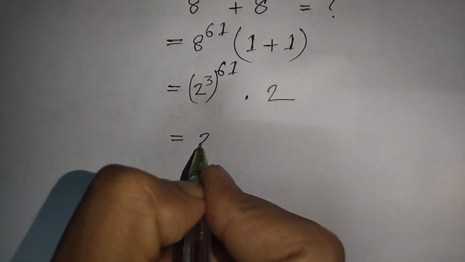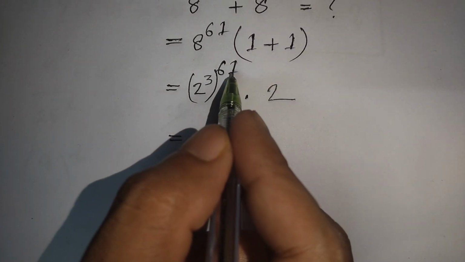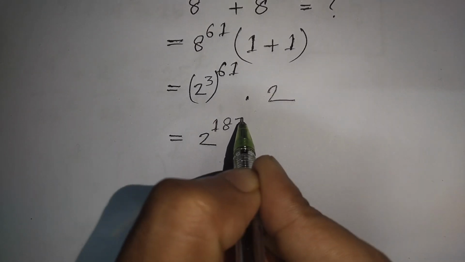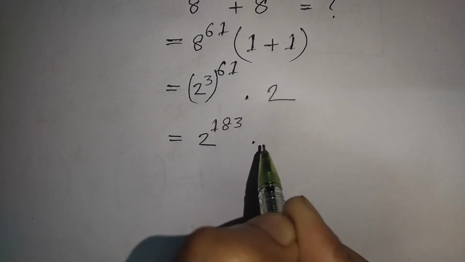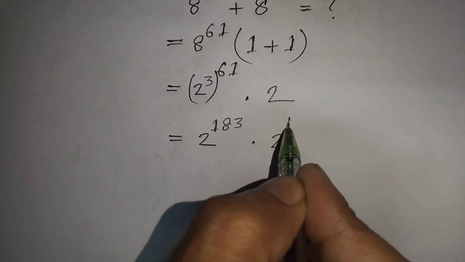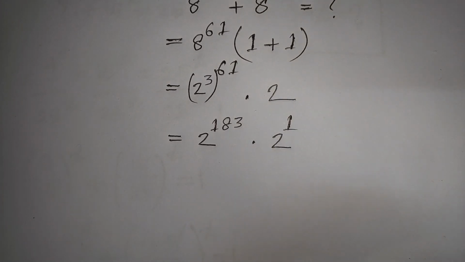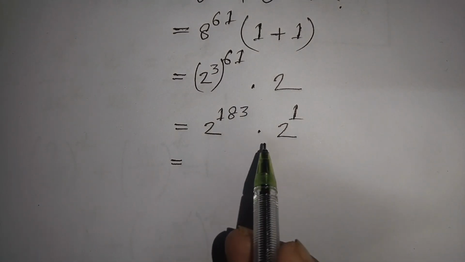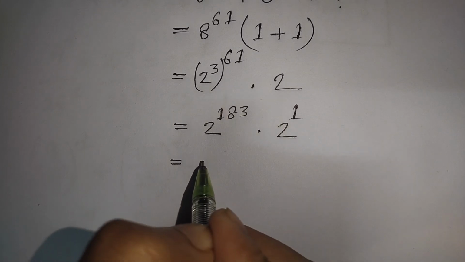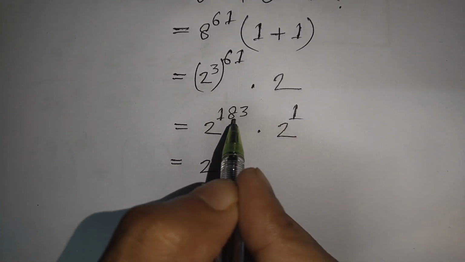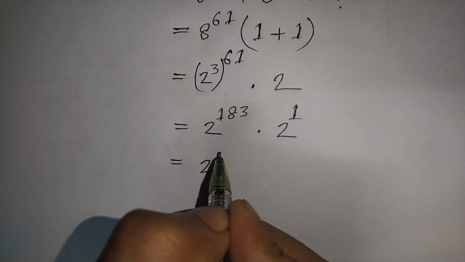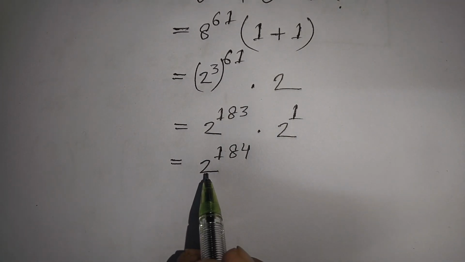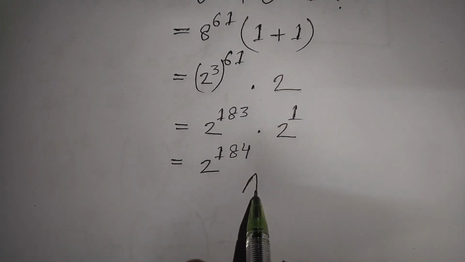Then 2 to the power 3 times 61, that means 183, times 2 is same as 2 to the power 1. Then we see that two same base but different power. So we can write here 2 to the power 183 plus 1, that means 184. So 2 to the power 184 is the correct answer.